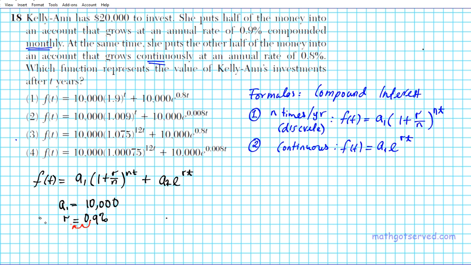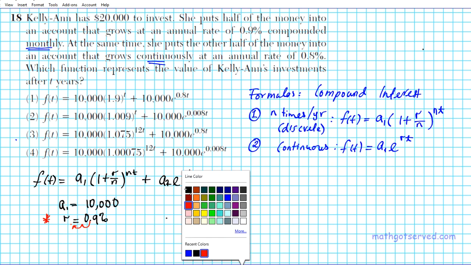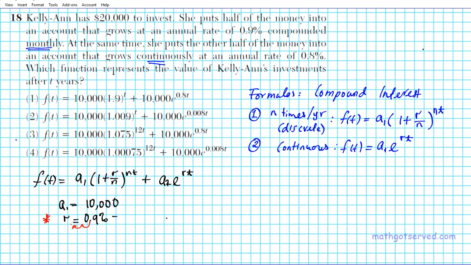Very, very important. Let me put a star here. Whenever you're working with compound interest formulas, your percentages must be converted to decimal form. So the rate is going to be 0.009.